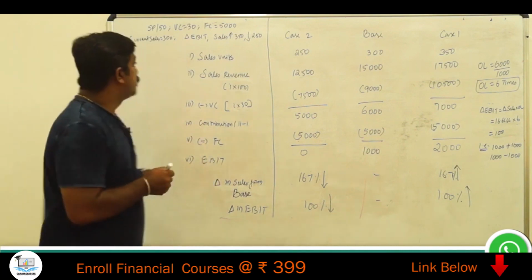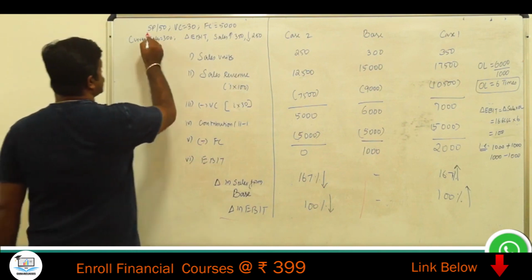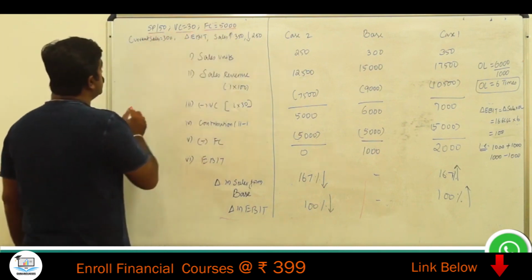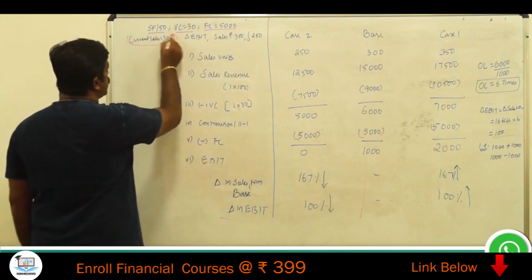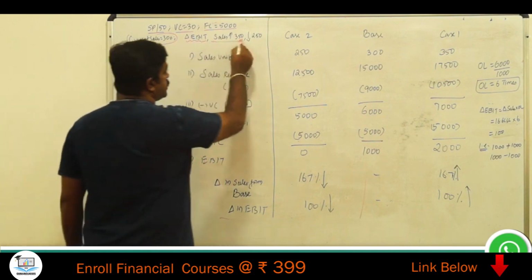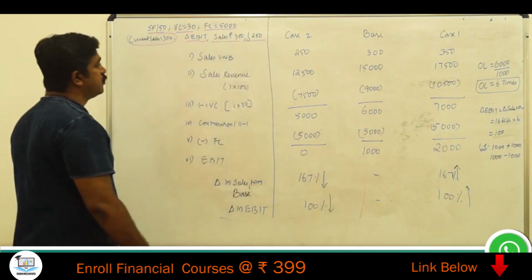Let's see. So the sales price per unit is 50, variable cost is 30, fixed cost is 5,000, and the current position is 300. We have to find out what will be the change in EBIT when the sales increase to 350 or it comes down to 250.